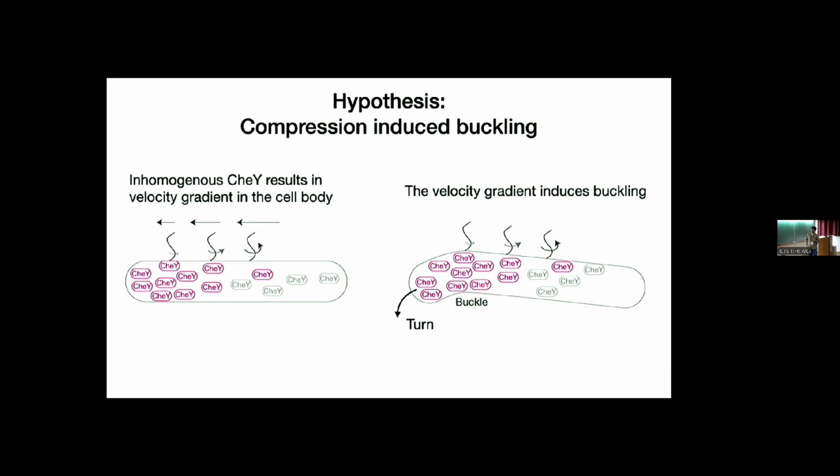This results in a velocity gradient along the long axis of the cell. Because there is a lot of KY here, it makes the spinning rate slow down, but it's not the case here. And this velocity gradient induces buckling and turning. Here it's slower, here it's faster. The tail pushes the head region backwards.